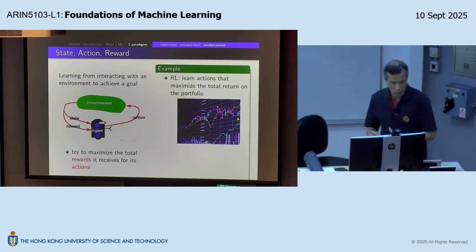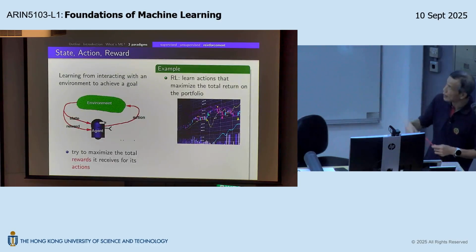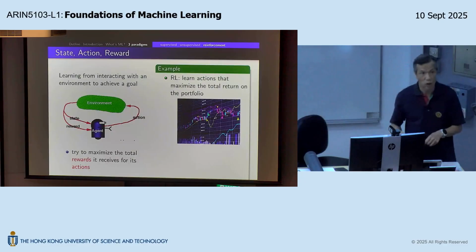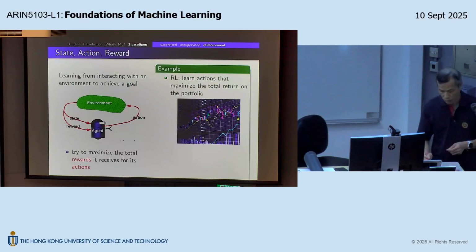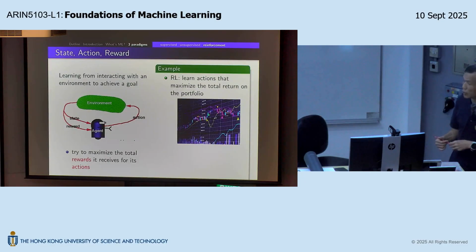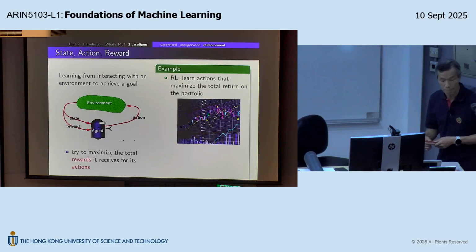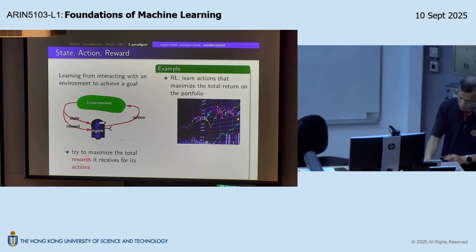Again, if you play the stock market for a long time, hopefully you maximize the total amount of reward, that is, you make as much money as possible. So that's why you can learn from this RL setting.